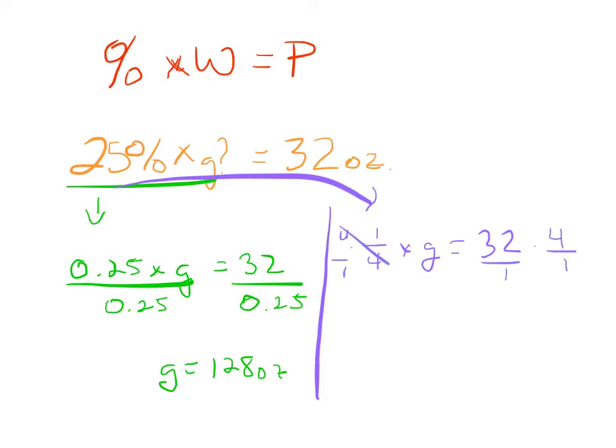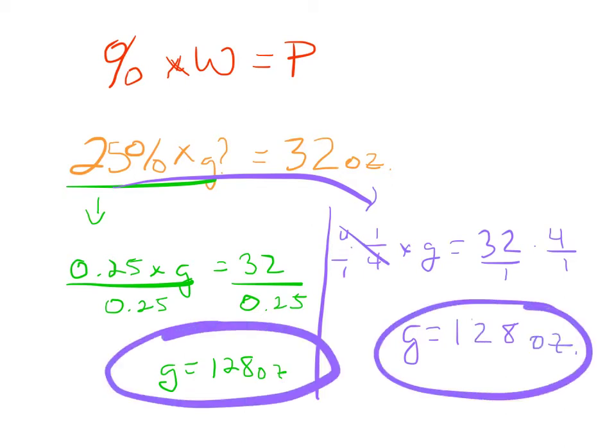That'll be over 1, and 32 times 4, G will equal 128 ounces. So either way, you get the same answer, 128 ounces, using decimal or using a fraction. Doesn't matter.